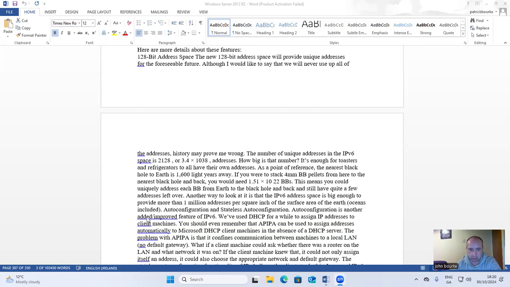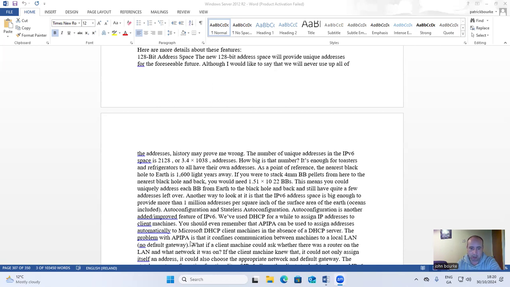Auto configuration is another improved feature of IPv6. We've used DHCP for a while to assign addresses to client machines. You should even remember that APIPA can be used to assign addresses automatically to Microsoft DHCP client machines in the absence of a DHCP server.